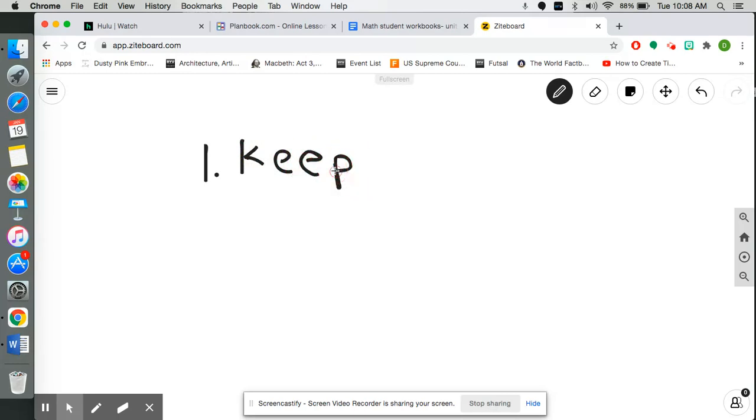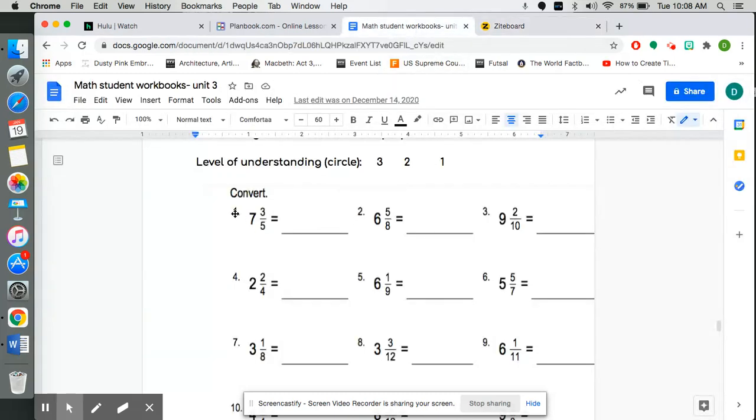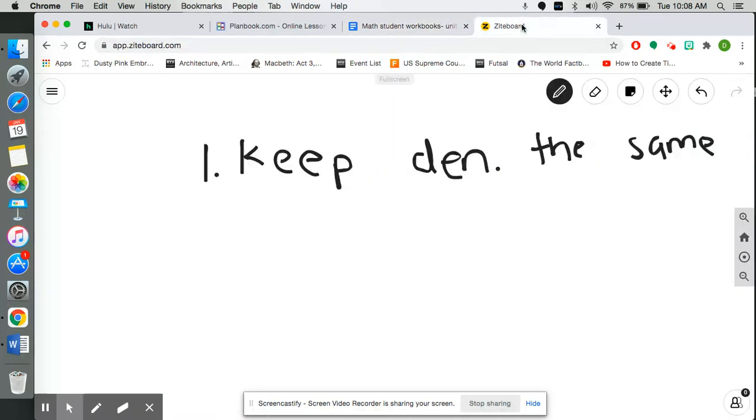So make sure you have that written down. So the denominator, and I'm just going to abbreviate because I don't want to spend too much time, the same. So at the end of this, your denominator is going to be the same as what you started with. So in this number 1 example, we're working with fifths. So I know at the end of this, I'm going to have fifths to deal with.